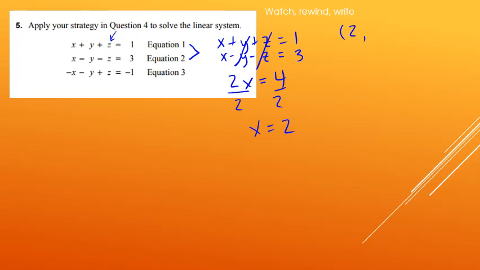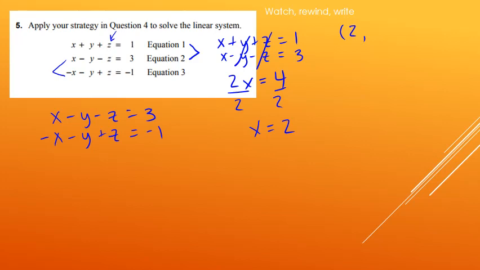So what we need to do now is try to figure out either y or z. So let's take these 2 equations: x minus y minus z equals 3, and negative x minus y plus z equals negative 1.